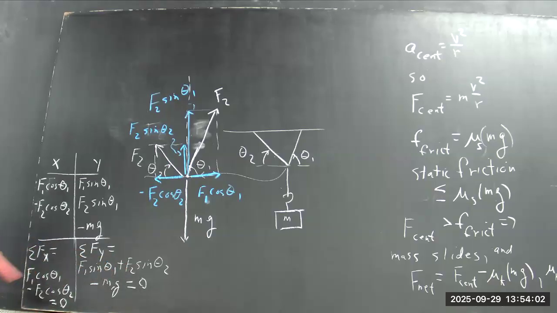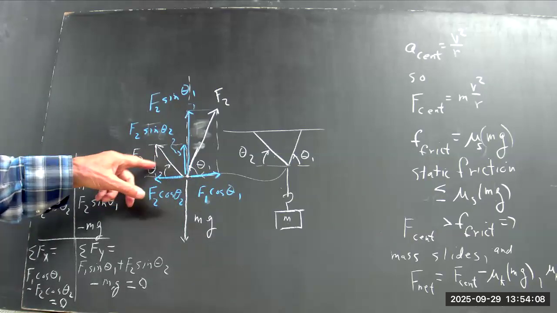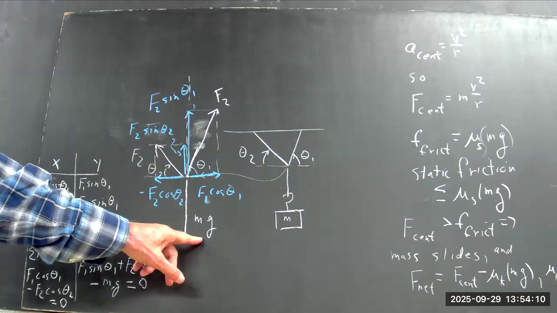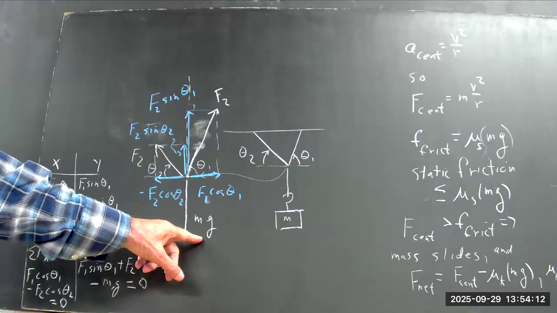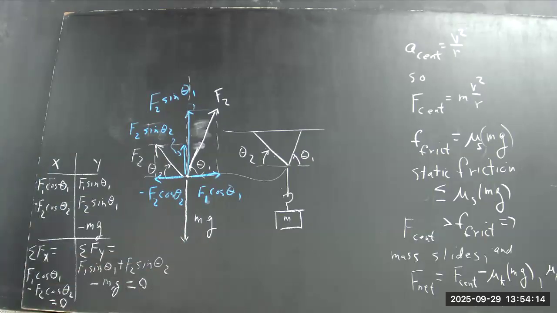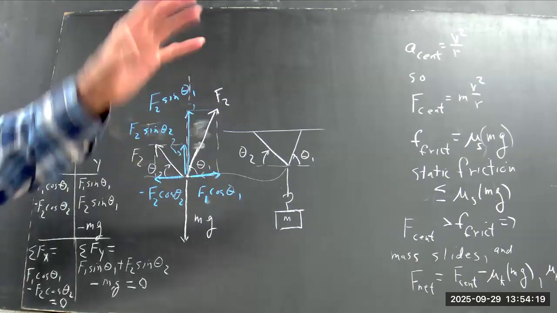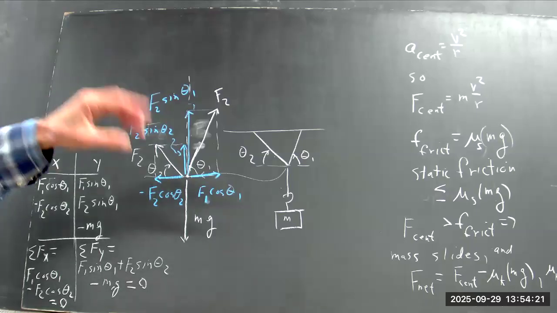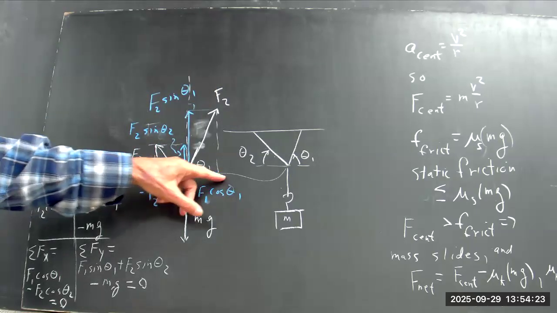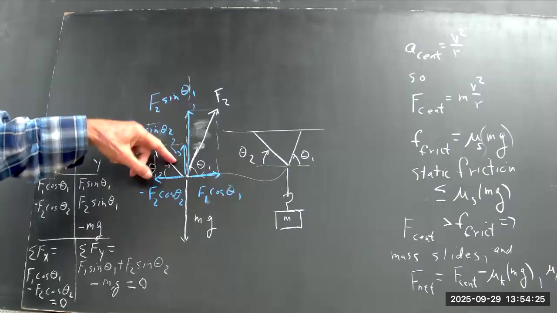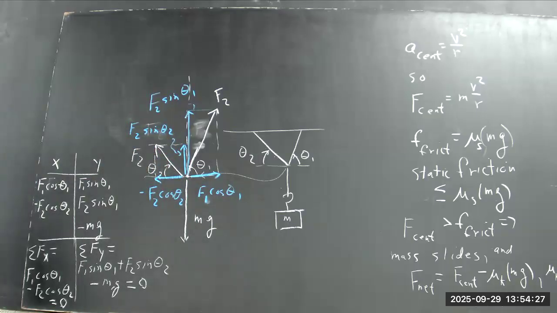You have two simultaneous equations here. And what's unknown? Well, if you're given theta 1 and theta 2 and the mass, which you are in the problems that you're going to see, then F1 and F2, the magnitudes of the forces, have to be adjusted so that these two are equal and opposite, and then whatever you get over here is what you get.